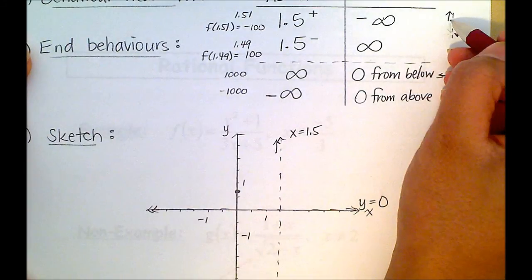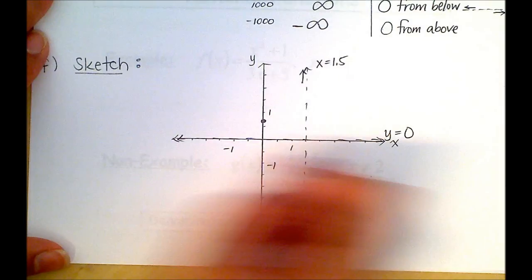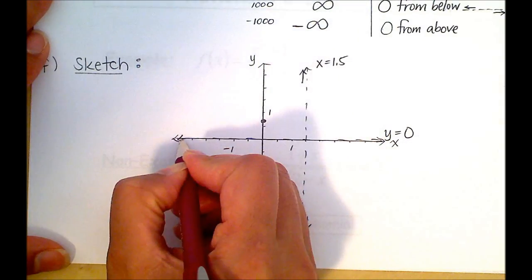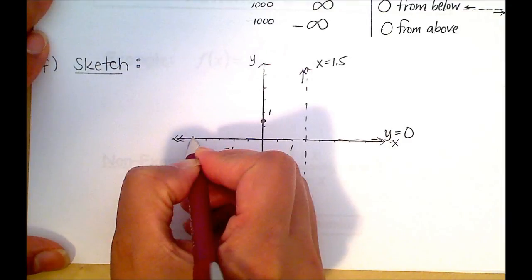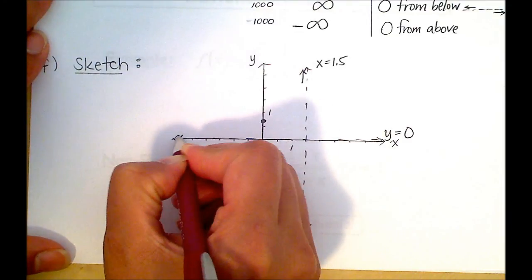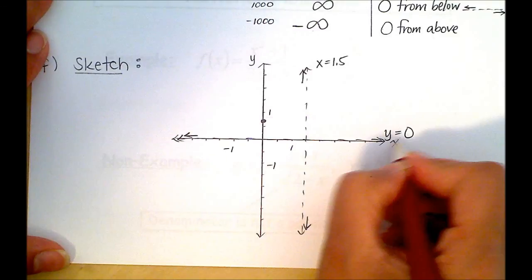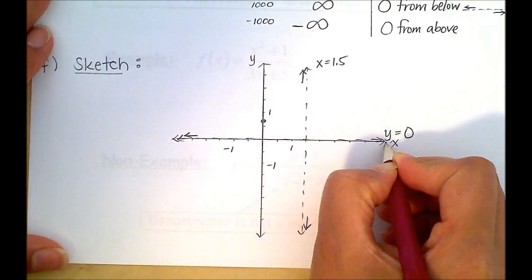And then along the horizontal asymptote, for the end behaviors, it's approaching 0 from above as it approaches negative infinity. There it is, so it's about here. And then as I approach positive infinity, it's approaching 0 from below, so it would be about here.